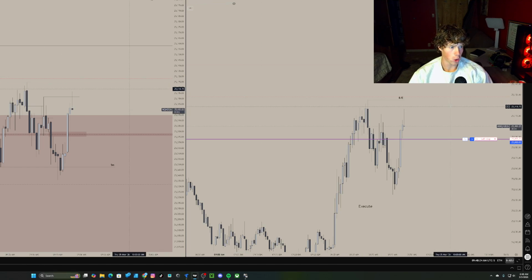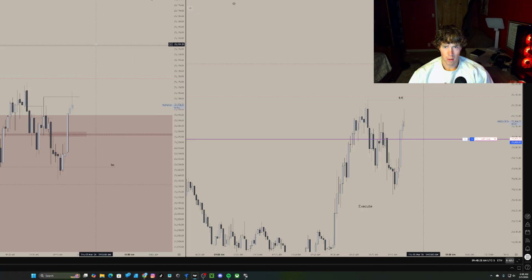Let's hope that this pushes to our take profit, which is this high up here. I think it should. Don't see much of a reason for it not to. I don't want it to retrace, but if it does, it does.